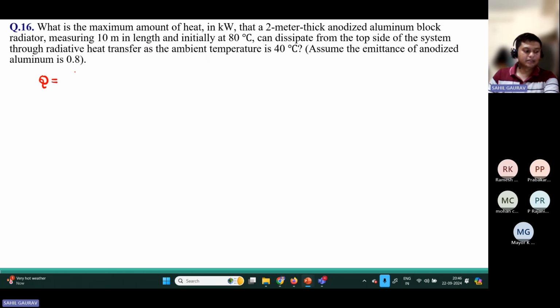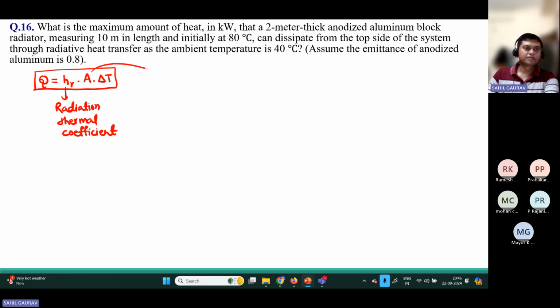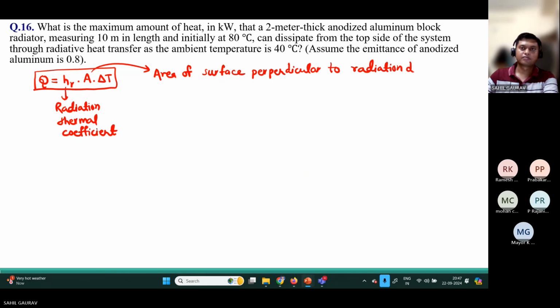So the heat dissipation through radiation, we know that Q = HR into A into delta T, where HR is the radiation thermal coefficient, and area is the area of the surface perpendicular to the radiation direction.